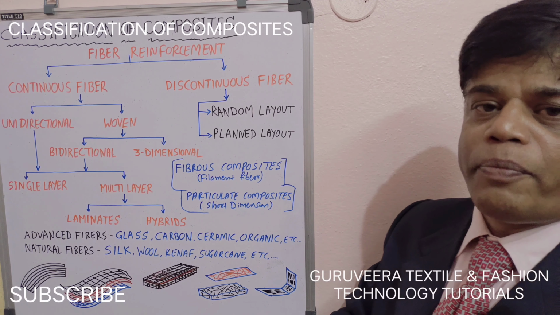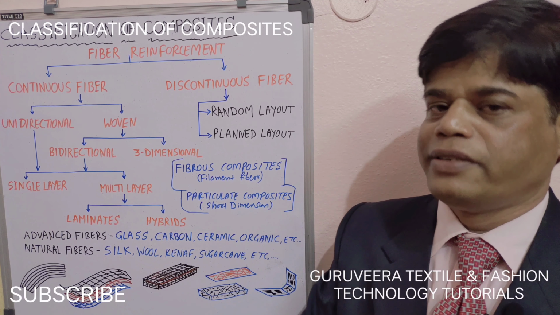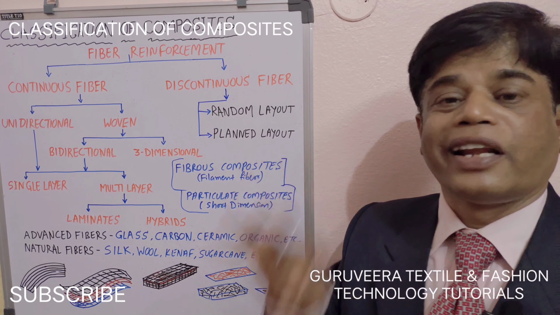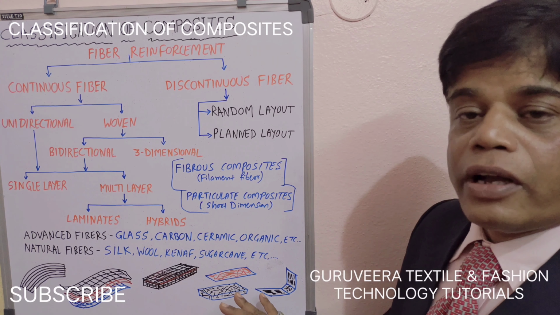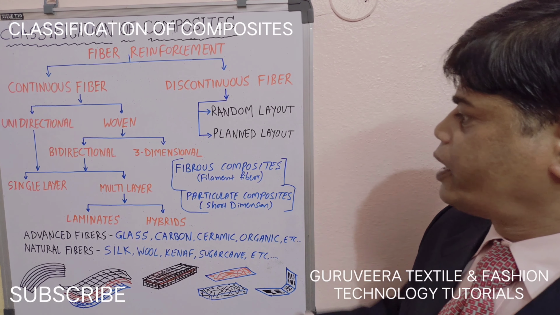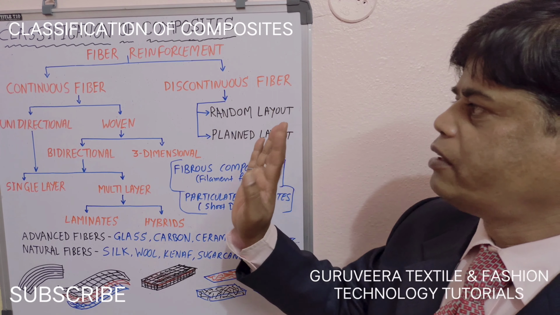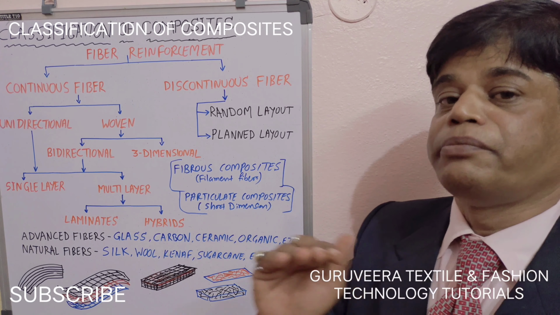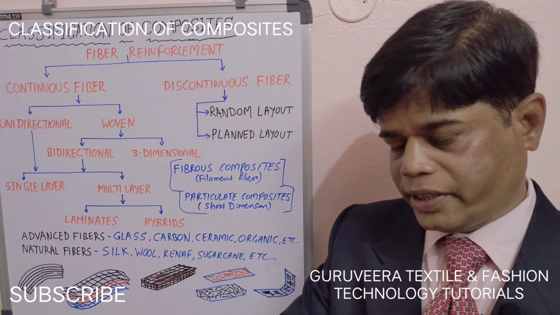Sometimes it is planned according to the end property that is required. Based on that, fibers are reinforced in the composite materials. Okay, this is about the classification based on the fiber reinforcement.